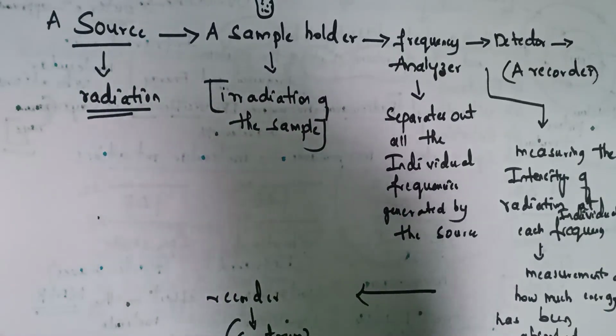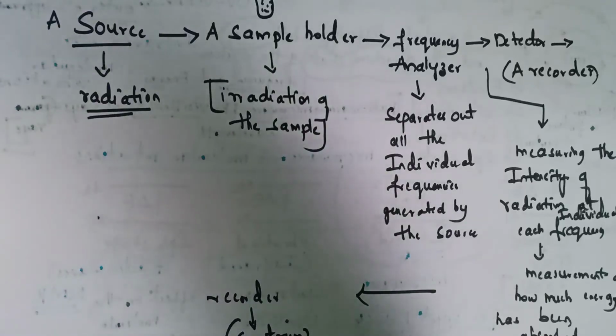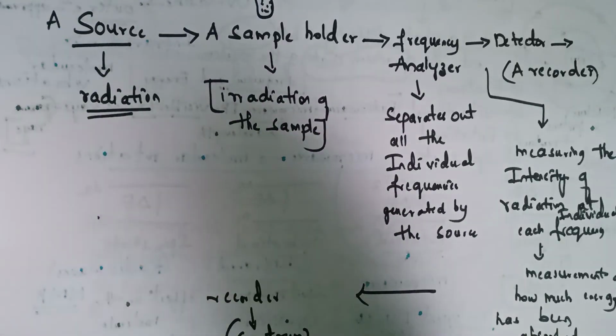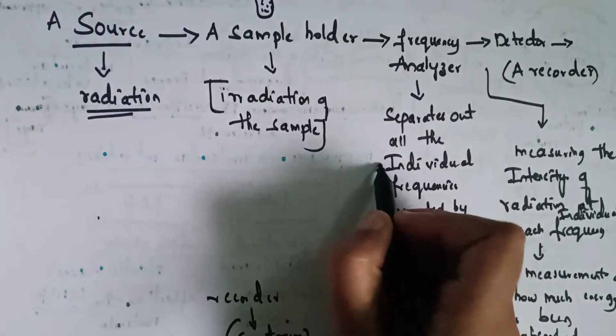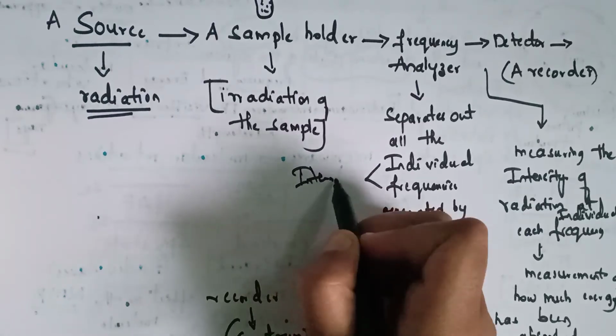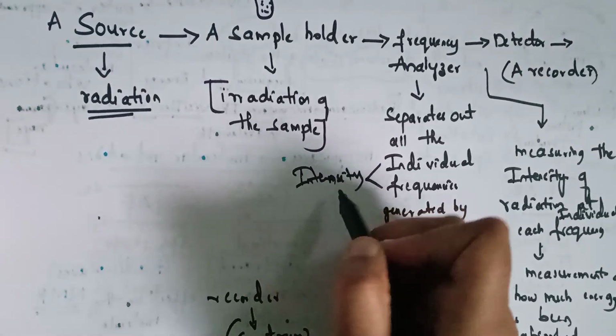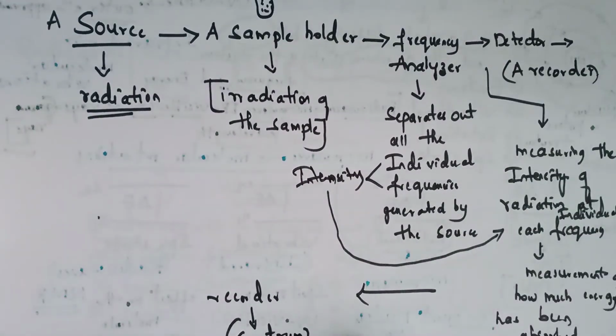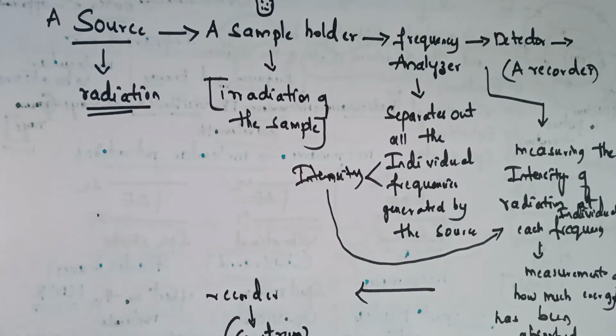In the detector, we measure the intensity of the radiation at each individual frequency. Intensity is the function of this detector. So, this permits the measurement of how much energy has been observed. Then comes a recorder. It is a pen recorder or computerized data station which gives us initial viewing of a spectrum.